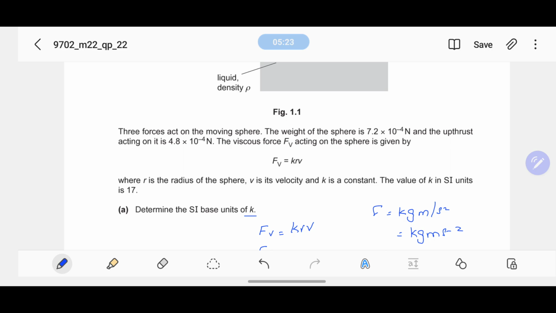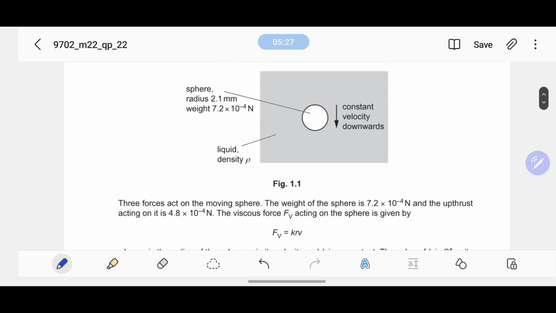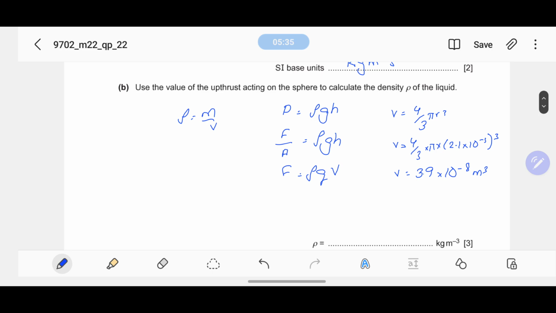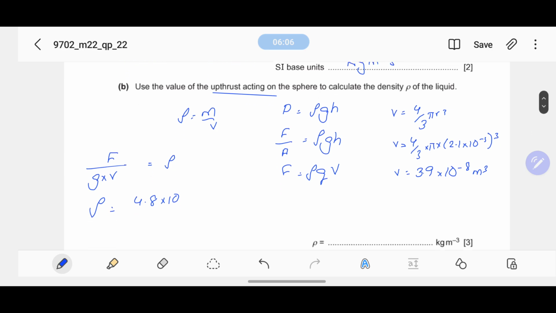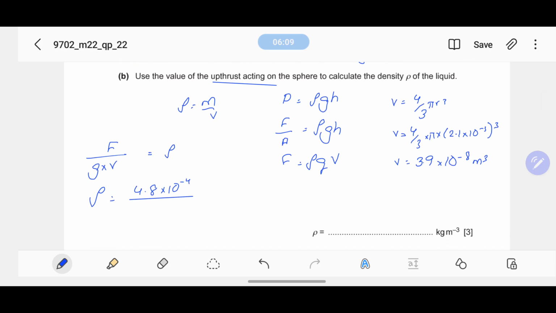The pressure acting over here is due to the upthrust going on the top side. Because the question also says the thrust acting, we'll simply take the value of the thrust. So the formula would be shaped like this: rho equals F over g times V. The value of rho would be 4.8 × 10^-4 over 9.81 times 3.9 × 10^-8.